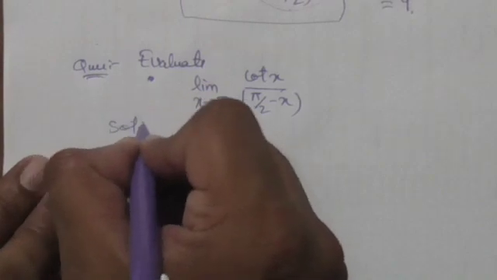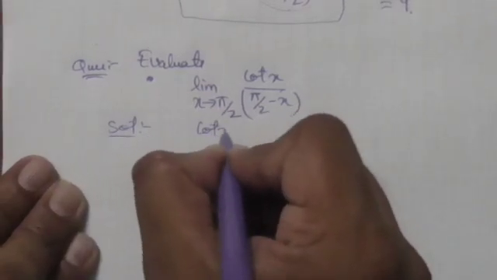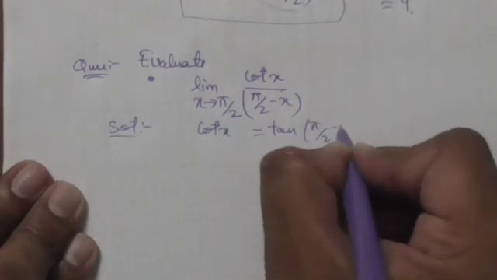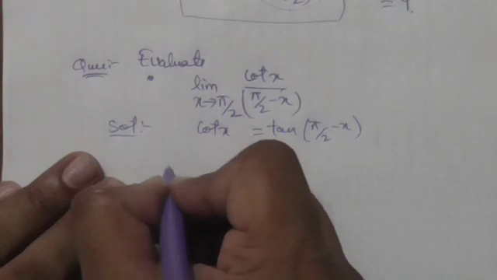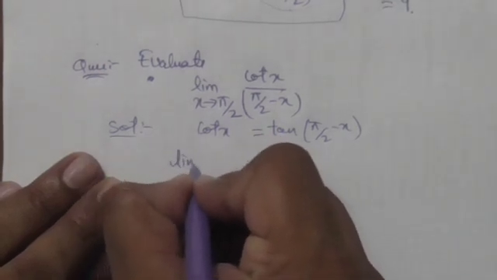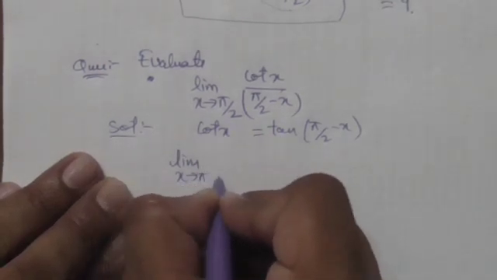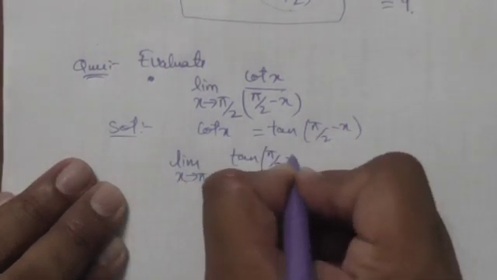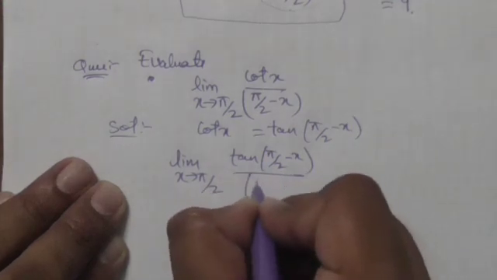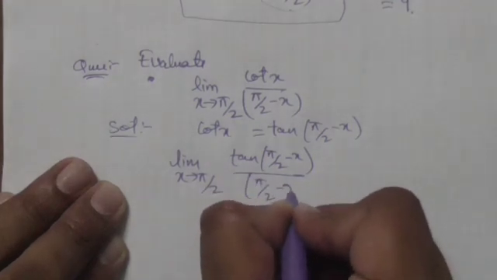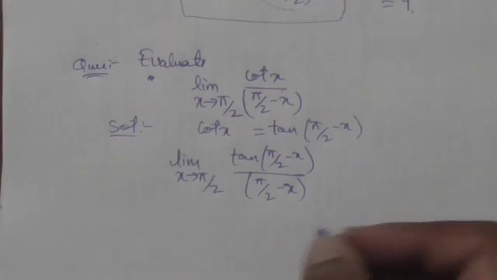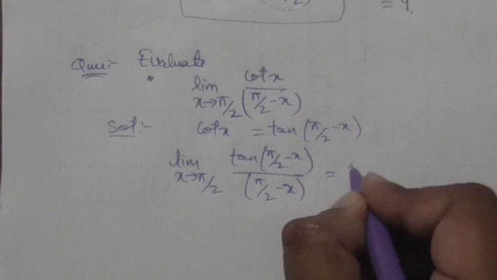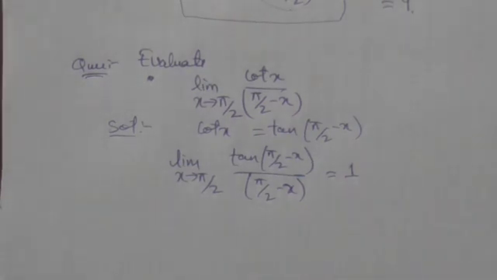So what is cot x? It is equal to tan of pi by 2 minus x. So here now we have limit x tends to pi by 2 of tan of pi by 2 minus x upon pi by 2 minus x, right? And it will be equal to 1, right?